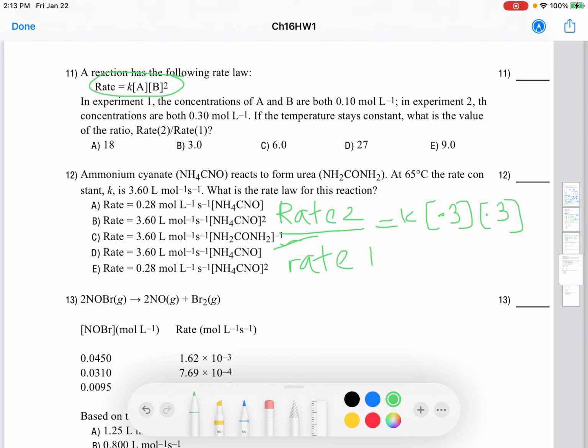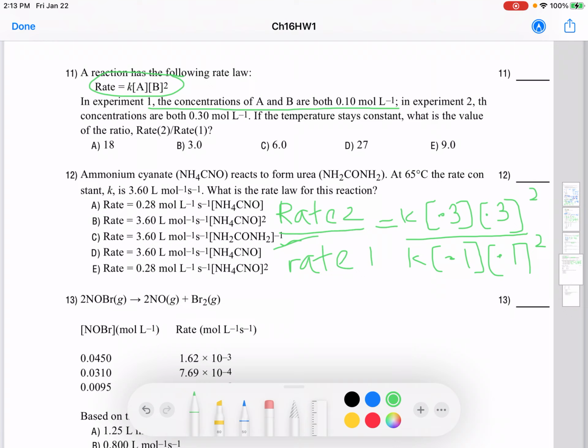You write it down, with order 1 for A and order 2 for B. You divide by K, the rate constant, and for rate 1 the concentrations of A and B are both 0.1, so 0.1 times 0.1 raised to the power 2.